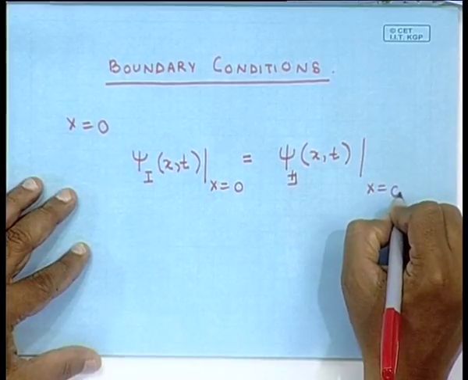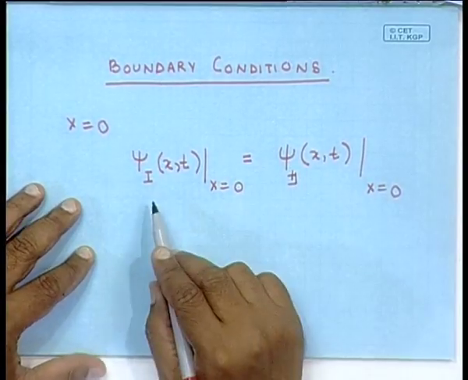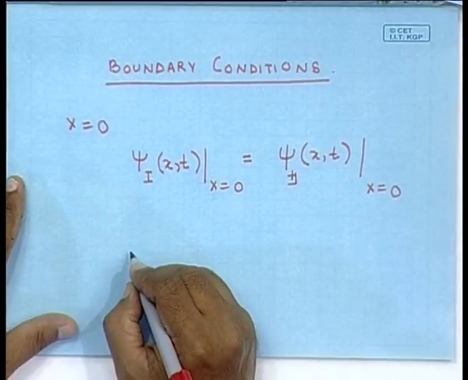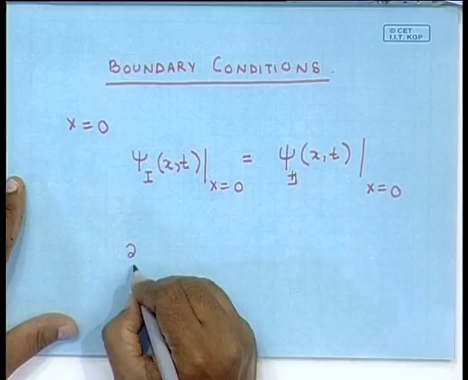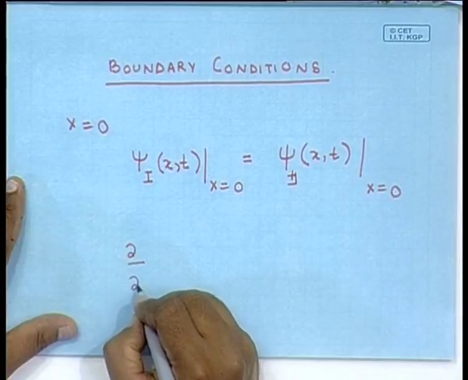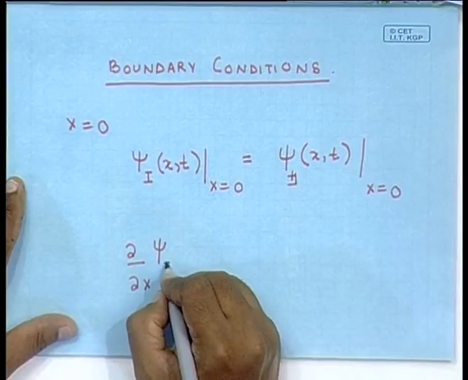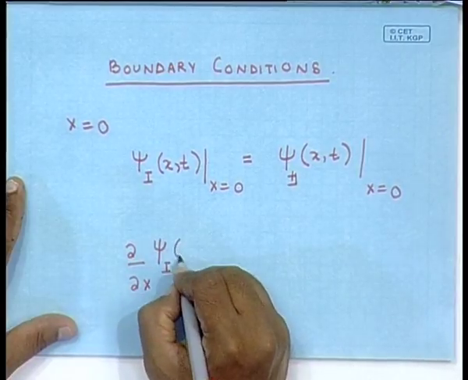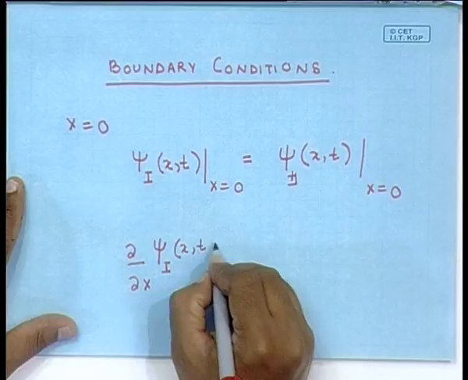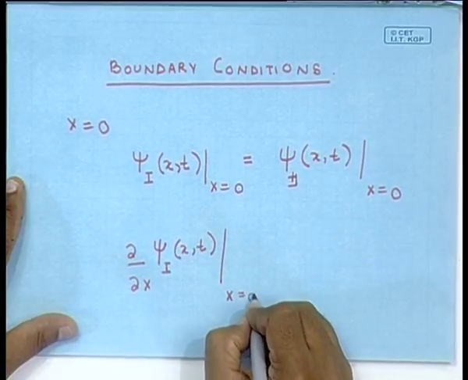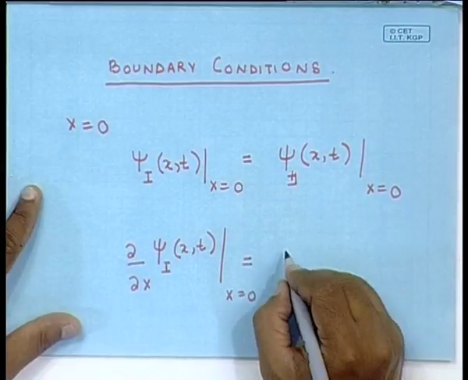So, at the boundary the wave function should be continuous. Also, the first spatial derivative of the wave function at the boundary, which is x equal to 0, should be continuous.